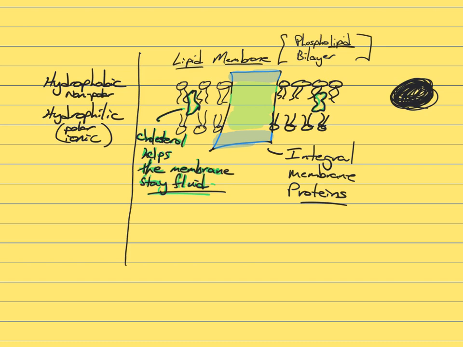So animals use cholesterol to keep the membrane from sticking together and freezing into a solid. So it keeps the membrane fluid. In fact, that's why we call this model of a cell membrane the fluid mosaic model.